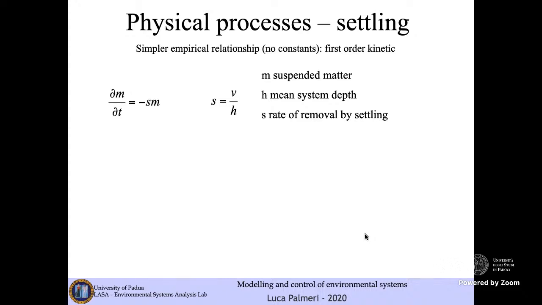In this case, you may write that if m is the quantity of suspended matter, with a density in milligrams per liter, then the variation of the suspended matter is equal to minus S times m. S is the rate of removal by settling, which is linked to the settling velocity v that we have just estimated, divided by the depth of the system h, where h represents the mean depth of the water column.